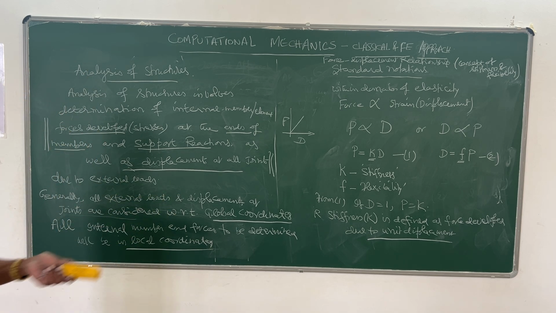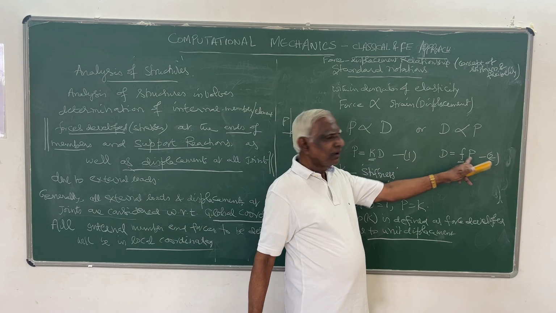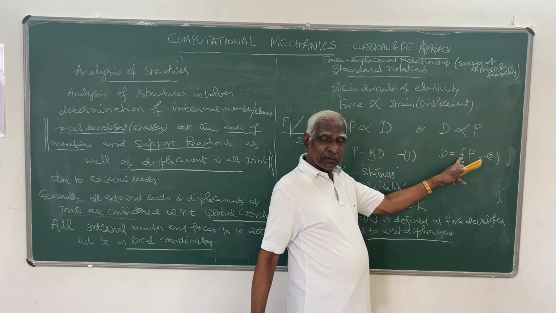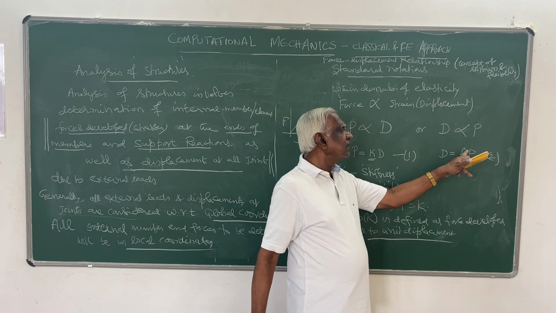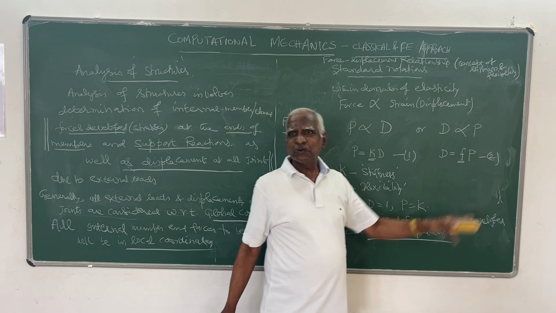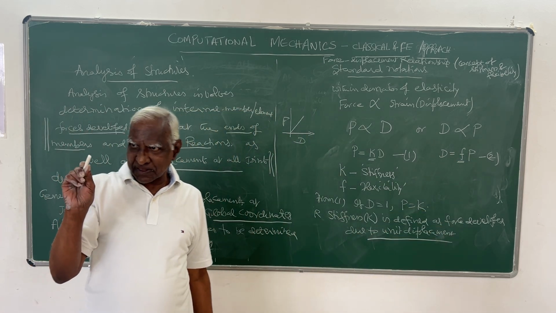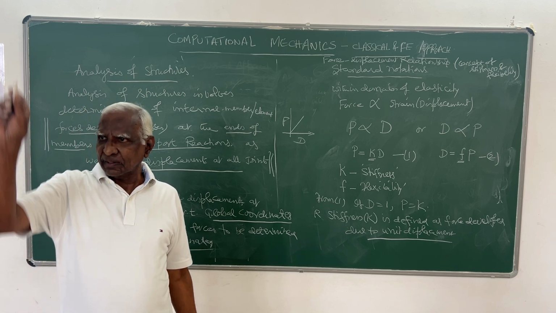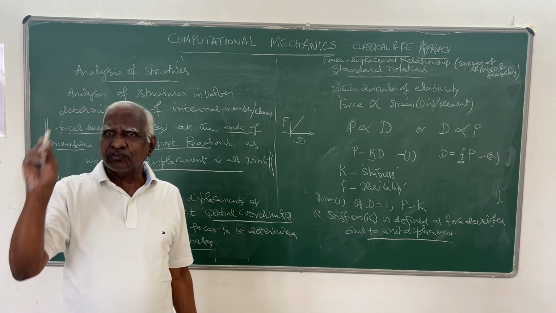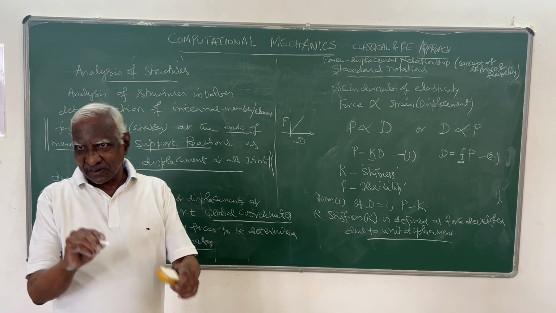It is called stiffness. Likewise, if P is equal to 1, D is equal to F. That means flexibility is defined as the displacement developed due to unit force. Whenever you want to develop flexibility at any point, in that degree of freedom direction you have to apply a unit force, find the displacement due to that unit force in this structure.